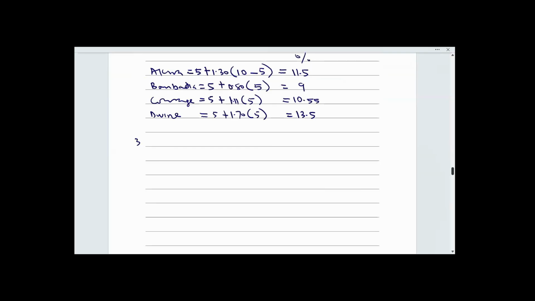So step 3, calculating alpha value. Remember, alpha is calculated as expected return minus required return.